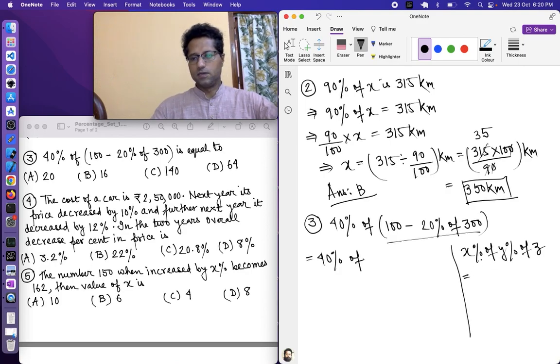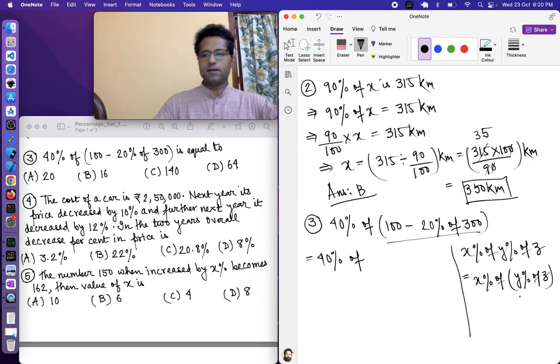This will be actually equal to x percentage of, you first have to evaluate y percentage of z. So put it inside the bracket, whatever the value will be, then on that value you have to apply x percentage of. So if you have multiple percentages and "of" chained together, you work from right to left. But in the problem we also have a bracket, and definitely always evaluate any brackets first.